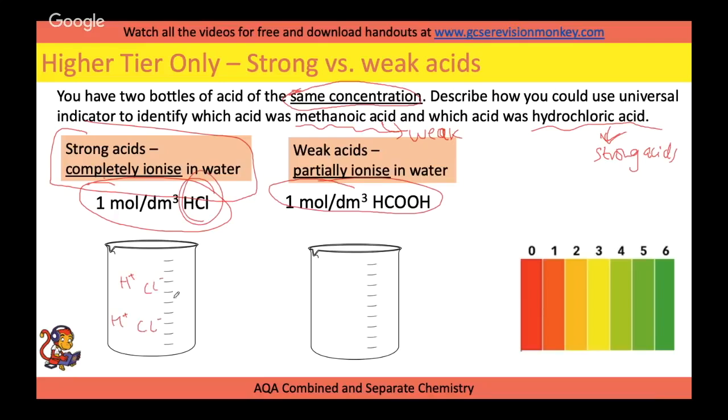Okay, so they'll all be split up completely when they're dissolved in the water. Whereas in a weak acid, they only partially ionize in water. What this means is some of the molecules will stay together like so, and only some of them will ionize and split up into their ions. So, as a result of this, because this one completely ionizes, you've got a higher concentration of hydrogen ions.